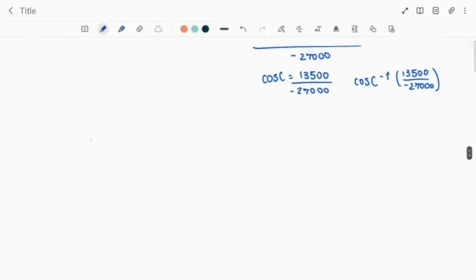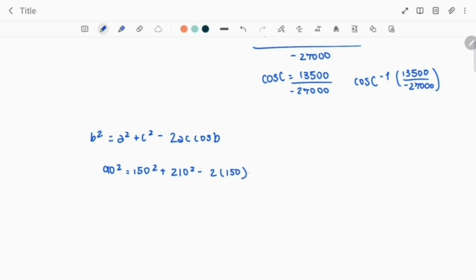We'll use law of cosines again, but this time we'll do b squared is equal to a squared plus c squared minus 2ac cosine of b. Plug in the values, we'll get 90 squared is equal to 150 squared plus 210 squared minus 2 times 150 times 210 cosine of b. Let's simplify.